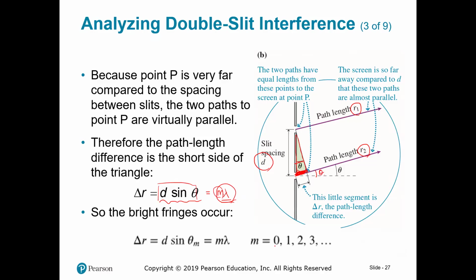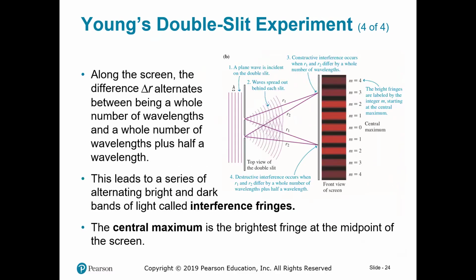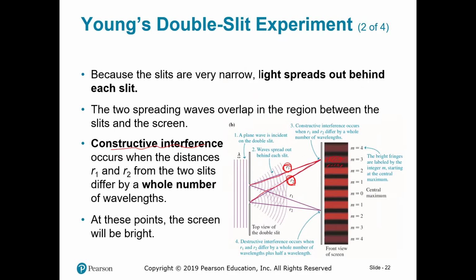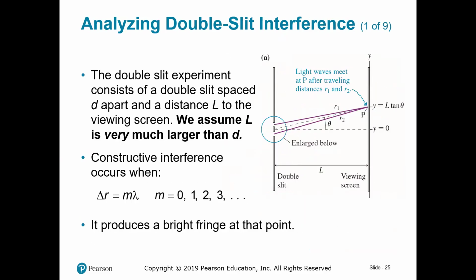And of course, m can be 0, 1, 2, 3. If m is 0, what does that mean? The two lights travel the same distance, so the path length difference is 0. That's the location where you have the center maximum, because R1 and R2 travel the same distance, so the path length difference is 0 in this case, right?